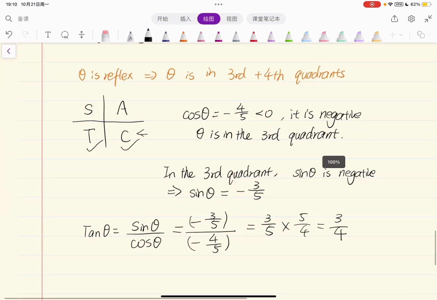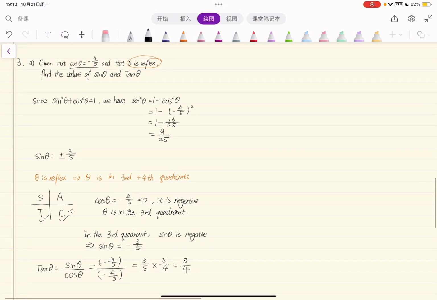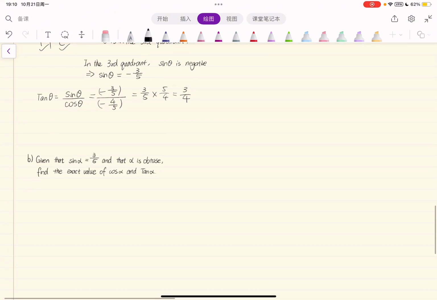So we've done the part A question. Now let us see part B.